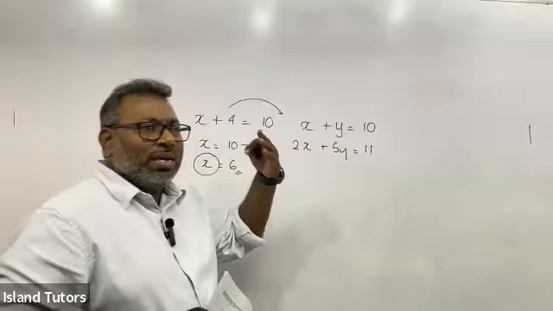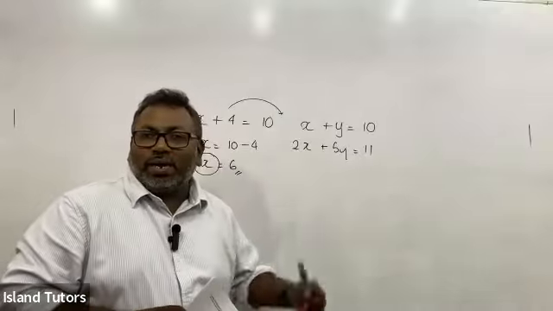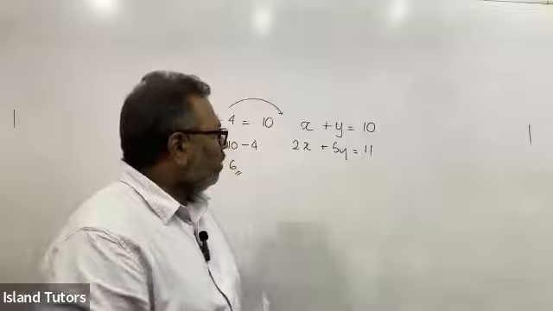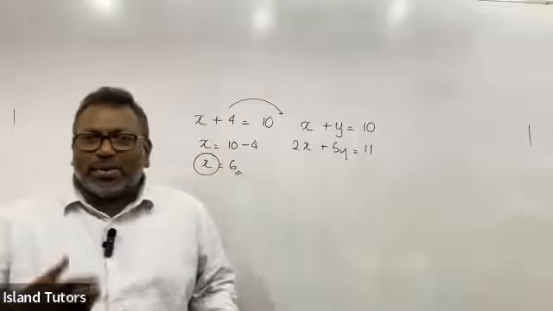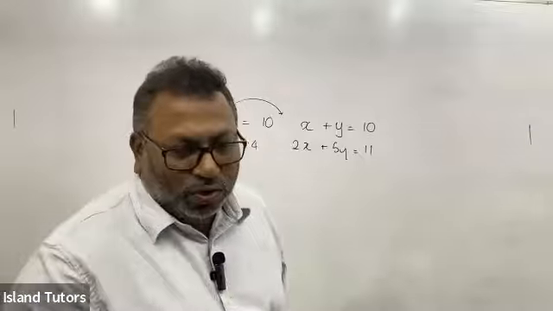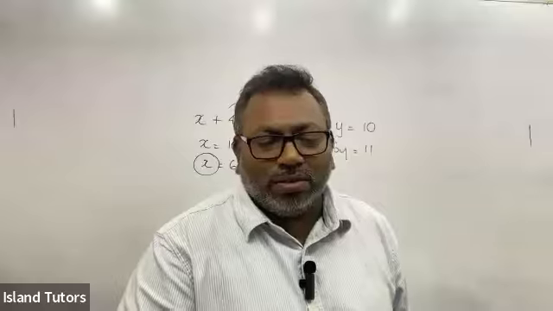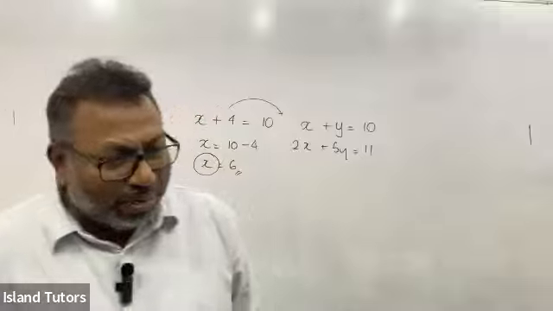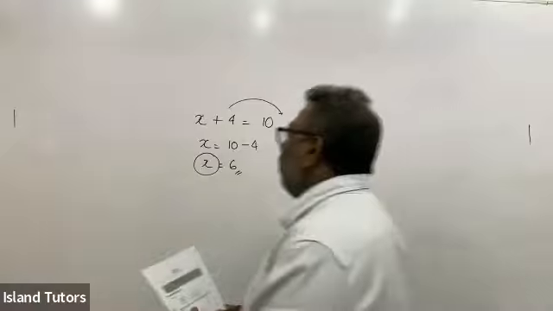So we use the elimination method as well as the substitution method, right? That is what we do in simultaneous equations. We'll do it step by step. When solving simultaneous equations, there are two rules that you need to remember. I know you guys are experts at this by now, but whoever is not, please follow.